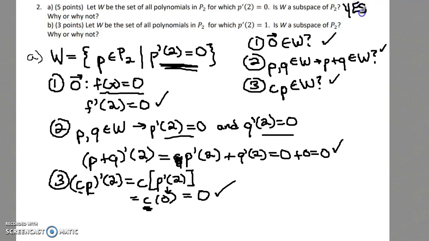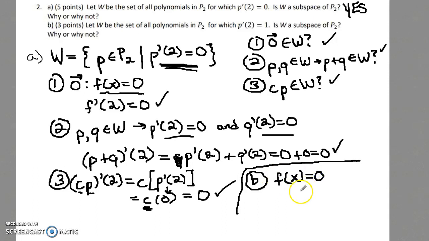So this collection is a subspace of P2. Now with B, I'll mostly just discuss B. B actually fails all three of these requirements. So the 0 vector with regard to P2 is the f of x equals 0 function, the constant function.